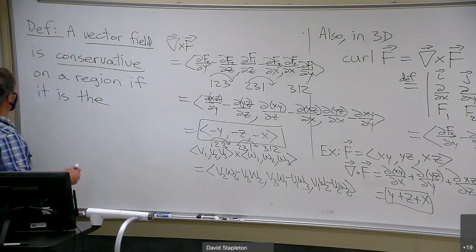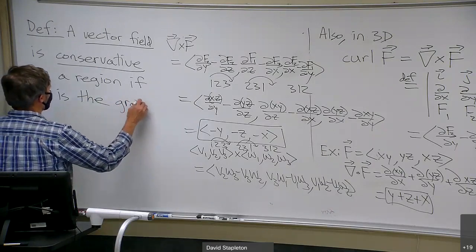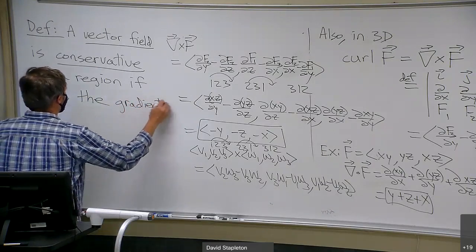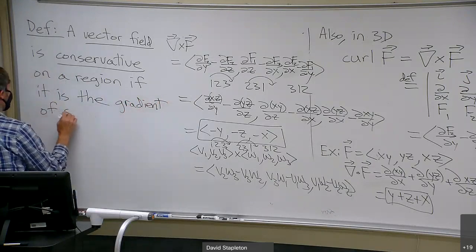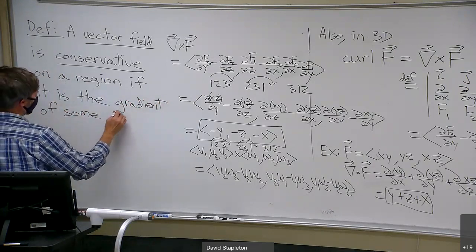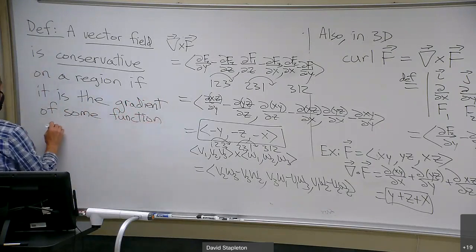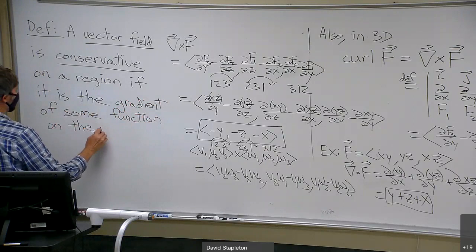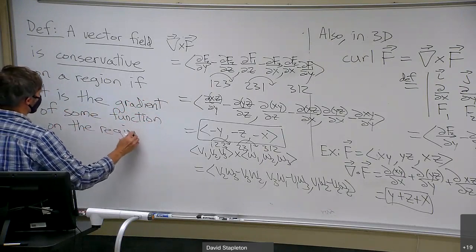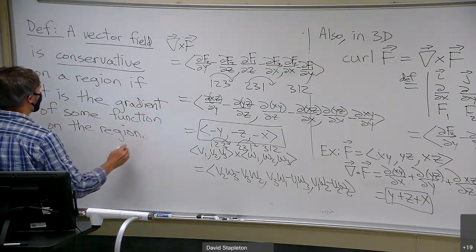For instance, if it is the gradient of some scalar value function on that region. And this can be in any number of dimensions, 1, 2, 3, and so forth.